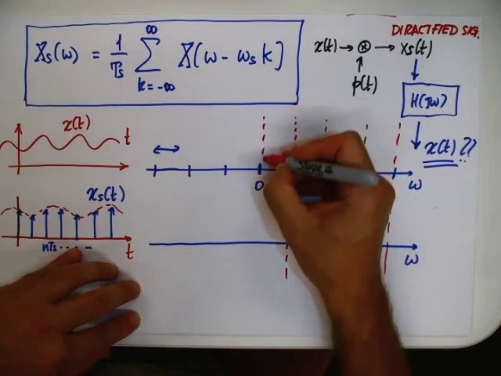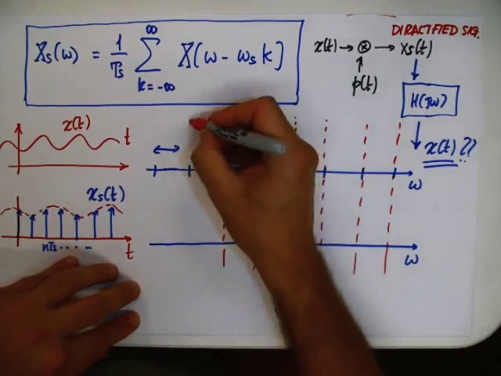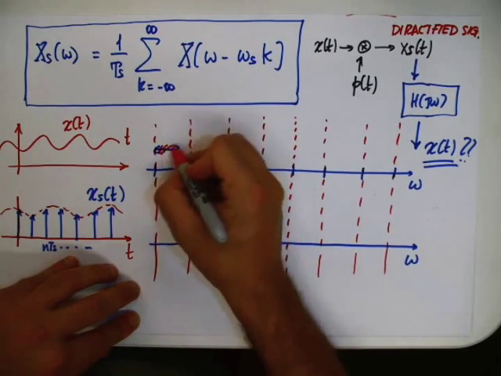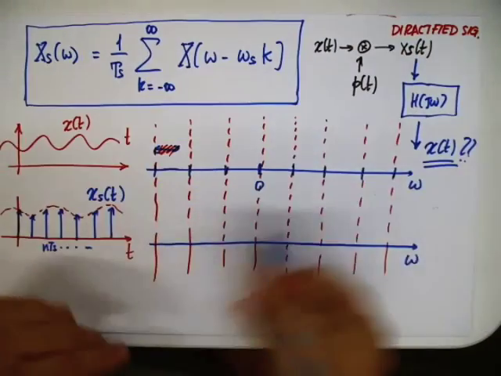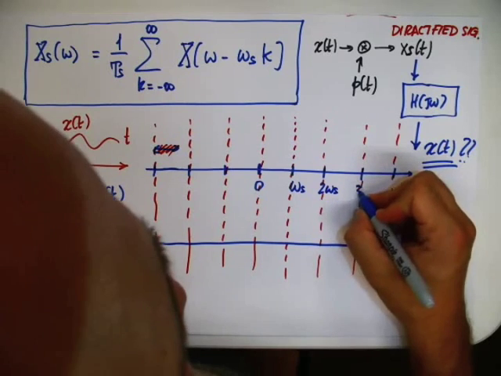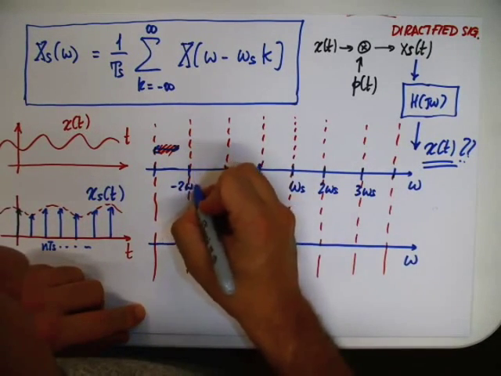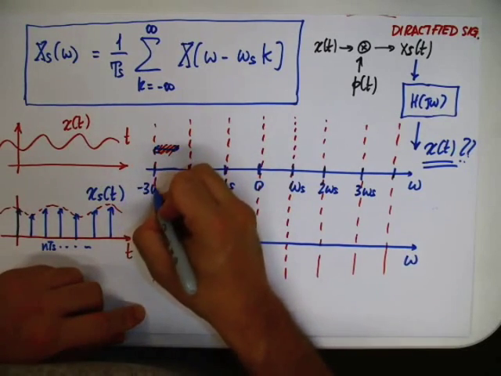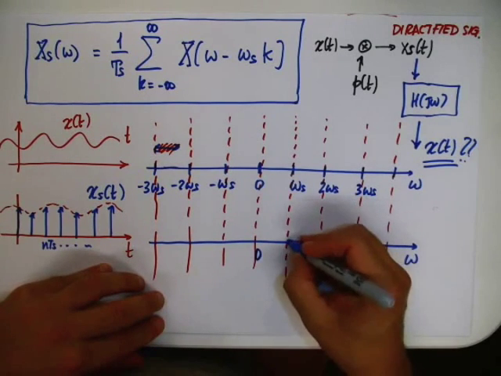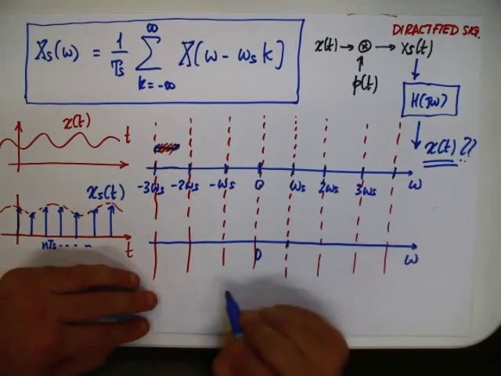Let me do it correctly so we can see exactly what's going on. So here we have omega sub s, 2 omega sub s, 3 omega sub s, minus omega sub s, minus 2 omega sub s, minus 3 omega sub s. Okay? And here the same things, 0, omega s, and so on.